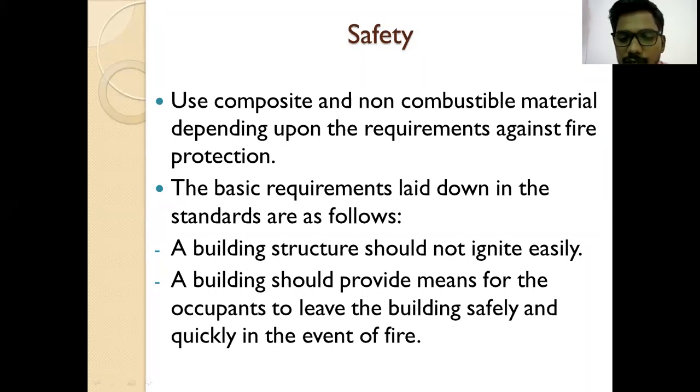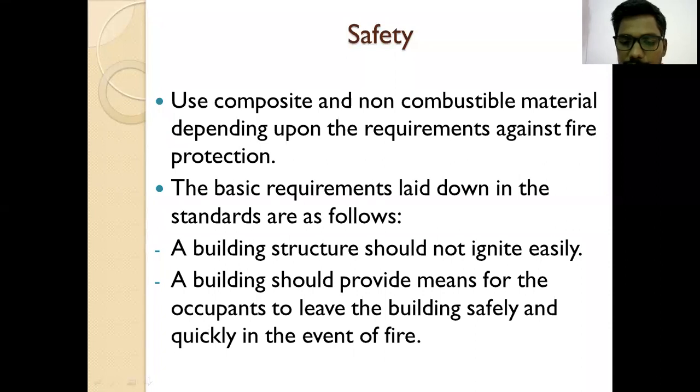If we consider a multi-storey building, to reach various floors we provide lifts, escalators, or maybe a staircase.